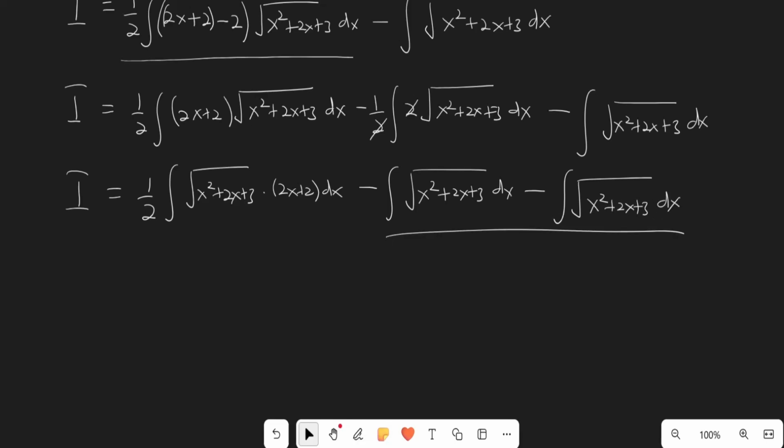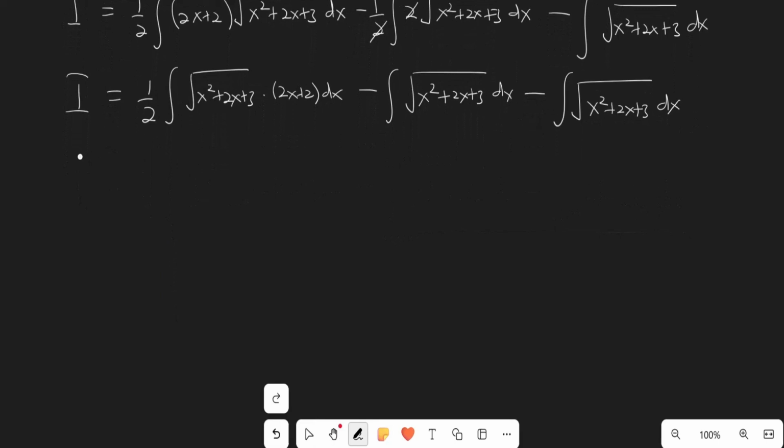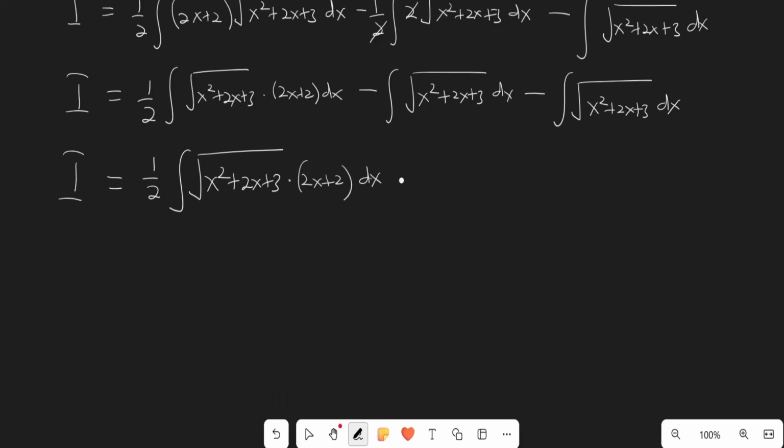This can combine into 2, so that's now negative 2, right? So this is 1/2 the integral of the square root of x squared plus 2x plus 3 multiplied by 2x plus 2, which we wanted, dx, and then minus 2 the integral of the square root of x squared plus 2x plus 3 dx. Enough of the white pen.